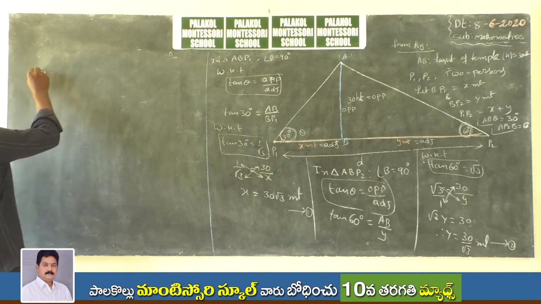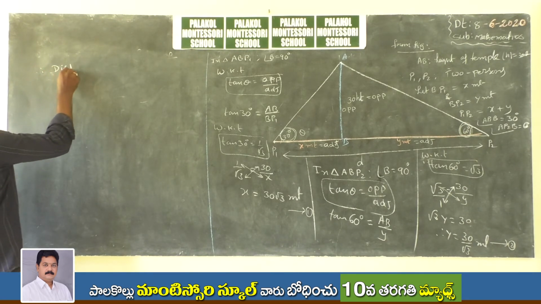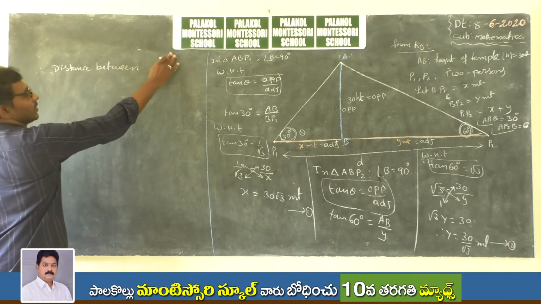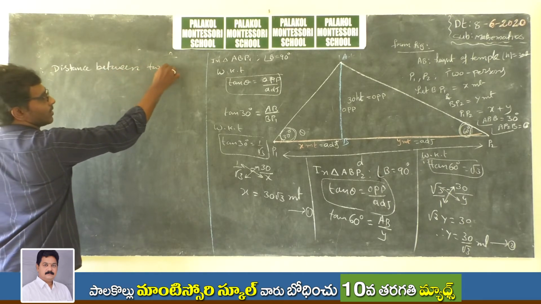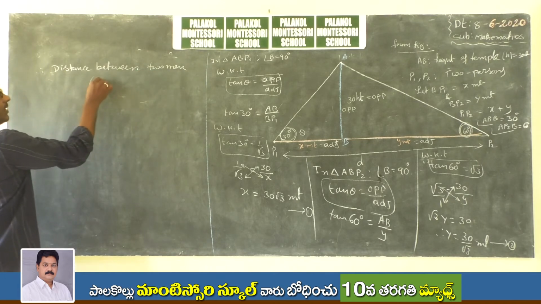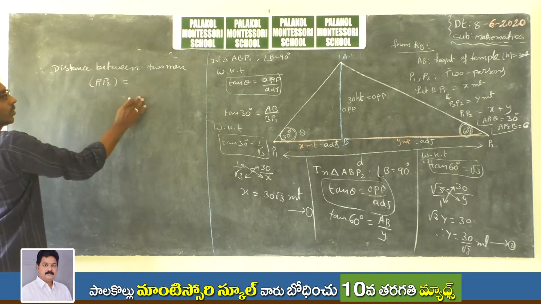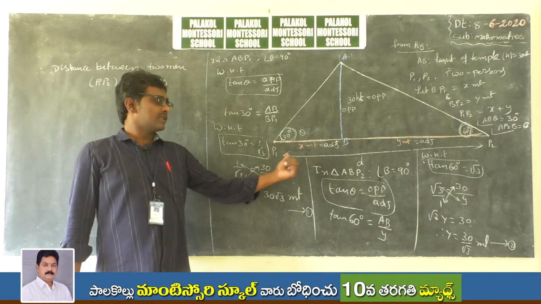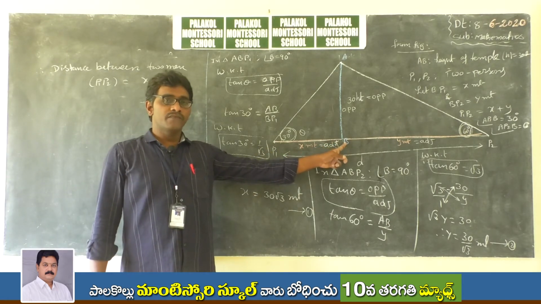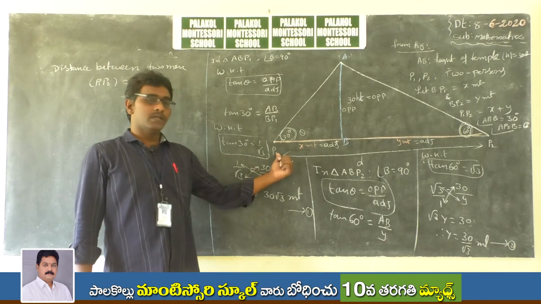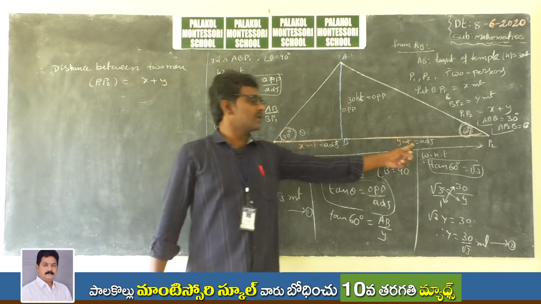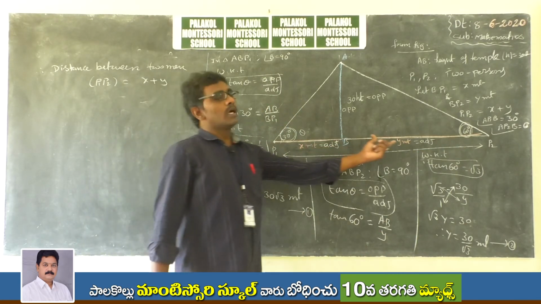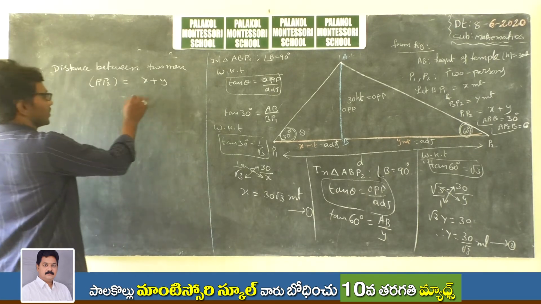So the distance between the two men, P1 P2, is equal to x plus y. See the diagram, this person's distance from the foot of the temple is BP1 and that side is BP2, which you write as x and y, so x plus y.